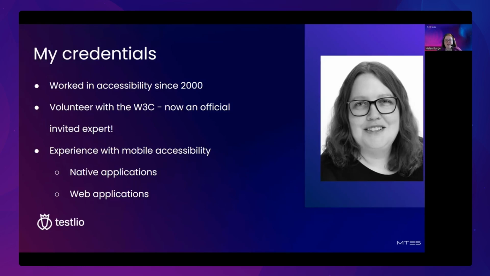From my work there, we are trying to turn the success criteria, which I'll go through later, into automated rules that can be agreed upon by different automation tool vendors. The work I've been doing on the manual test rules side is seen as important, so I'm now an official invited expert to the W3C.